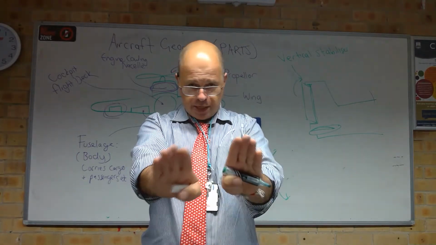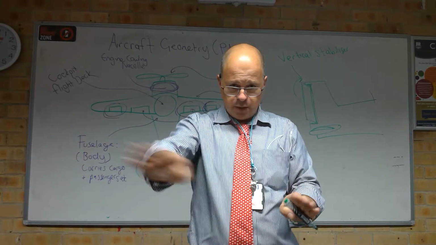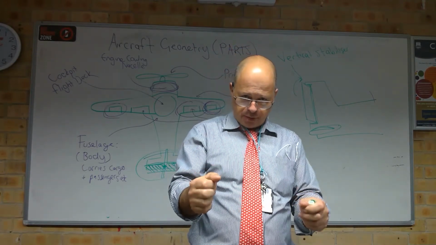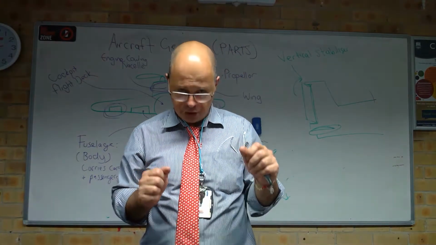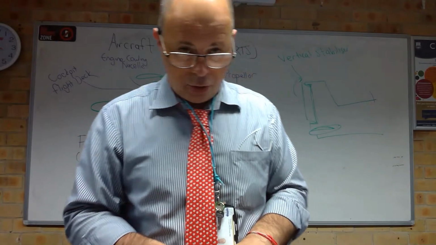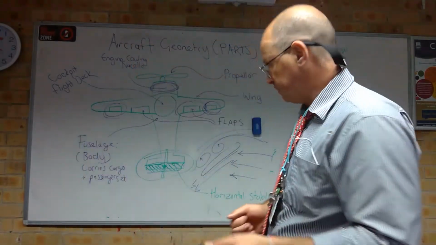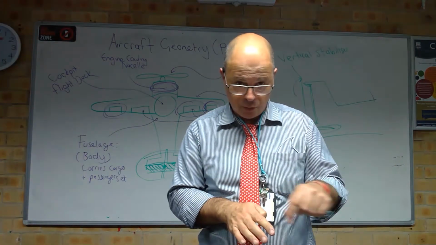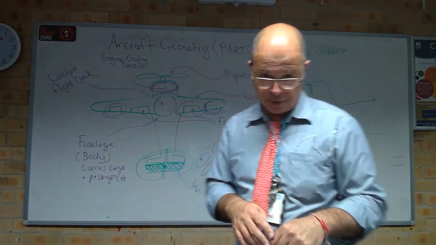But you've got 2 pedals, and so if you want to yaw to the right, you're going to push down on the right pedal. If you want to yaw to the left, you're going to push down on the left pedal. That's going to allow you to yaw to the right or yaw to the left. The pedals are also used on the ground when you're taxiing to steer the aircraft as well.